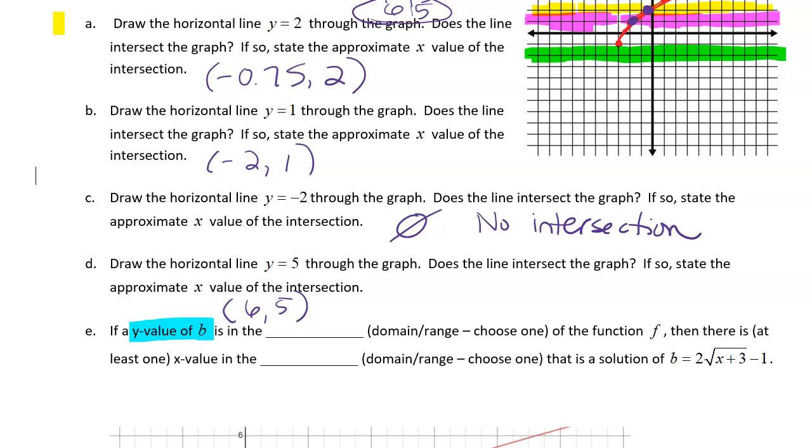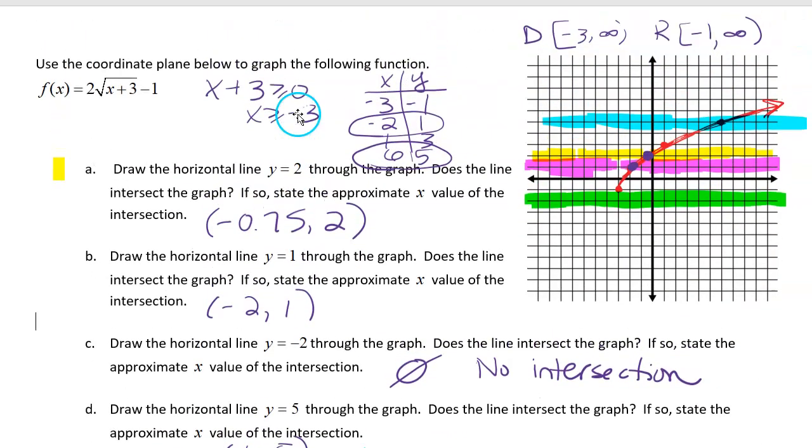So what they're looking for right here is range, okay? And so if your y value is in your range, then you're going to have at least one solution in that domain.